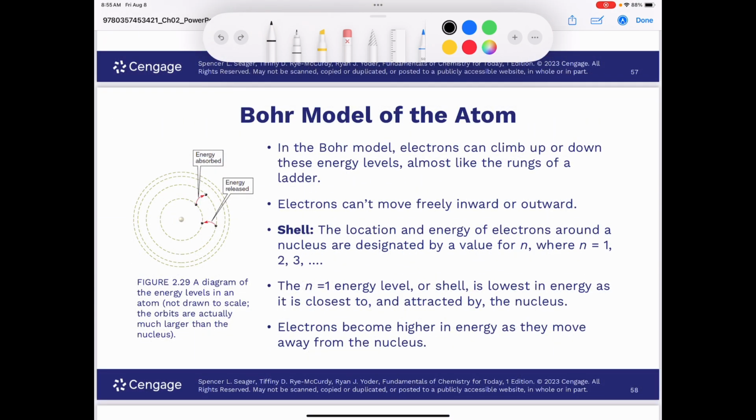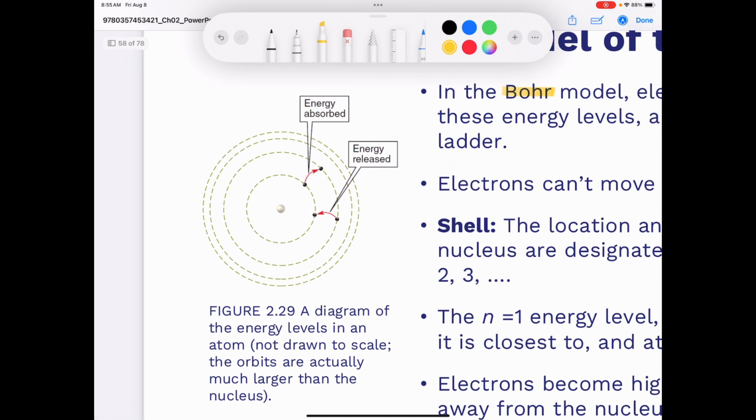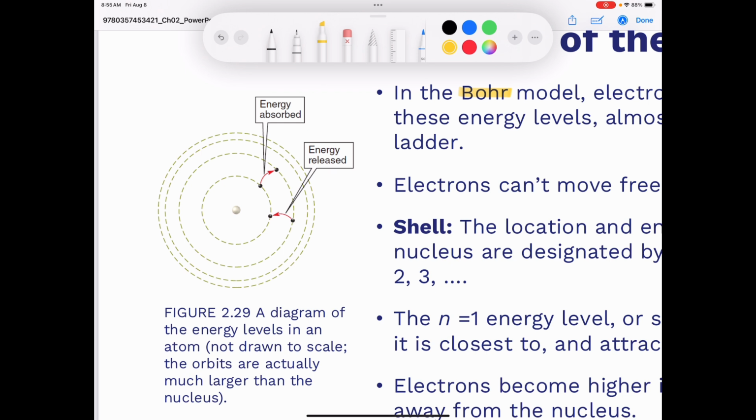It means it can only be at a specific energy level. And so to give some more detail on the Bohr model, it says here that in the Niels Bohr, or the Bohr model, electrons can climb up or down the energy levels almost like the rungs of a ladder, but the electrons can't just move freely anywhere. They can't just be anywhere outside of the nucleus. They have to be in specific energy levels. And you can see here, we have our nucleus right here, and then we have these specific energy levels.